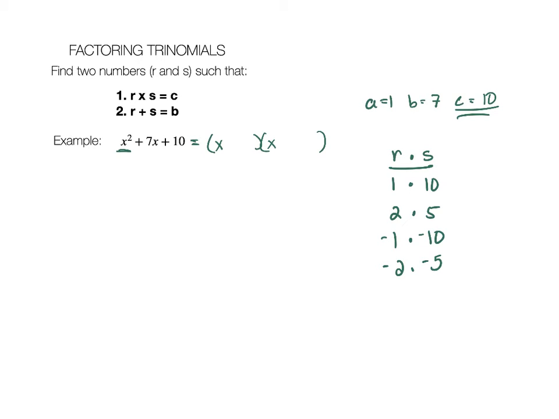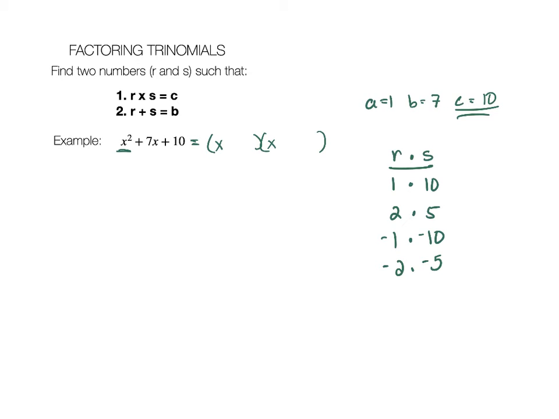Now I'll show you here as we discuss it why you don't really have to list these negatives. What you want to keep in mind is the product has to be 10, but they have to add up to a positive 7. Well, you aren't going to write down the negatives, because there's no way two negative numbers can add up to a positive number.